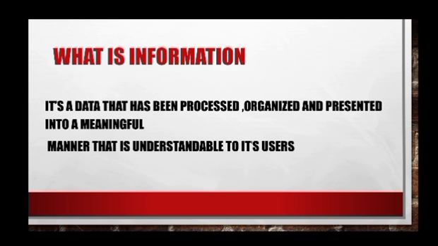So when you input B, A through the computer keyboard, you input G to produce a bag, or BOY to produce a boy. When you see the answer boy, that is understandable to its users. So that's what we call information.